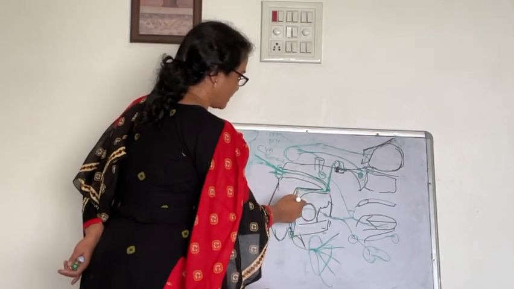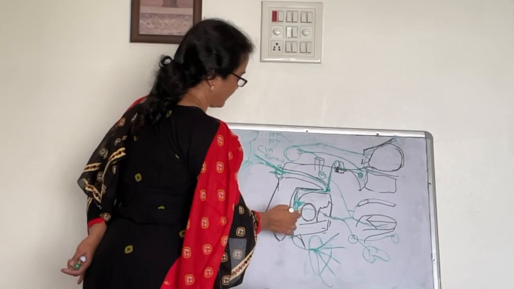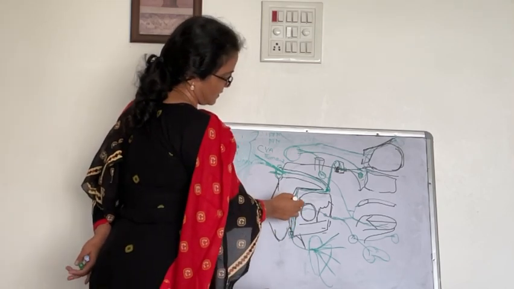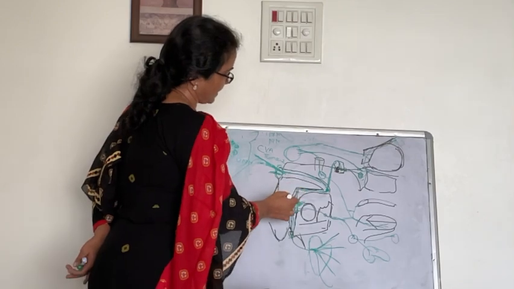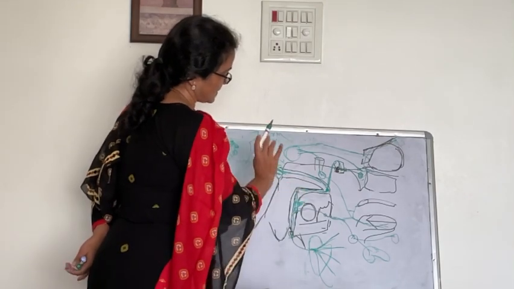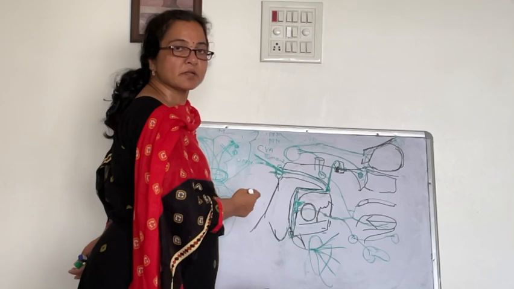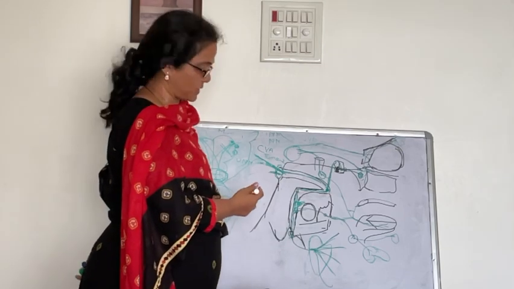If there is an injury in the vertical part, just before the stapedial branch, there will be hampering of the stapedius muscle, which will cause hyperacusis.